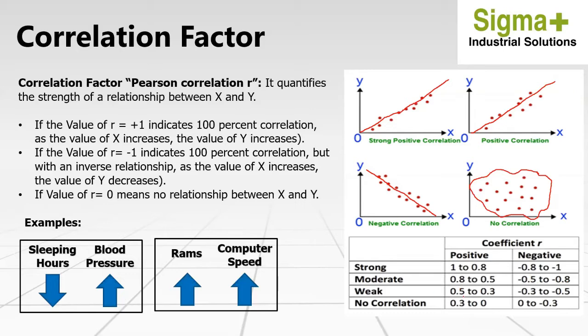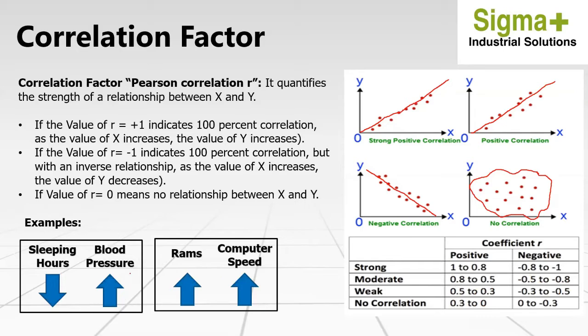The weak correlation will be between 0.3 to 0.5, or minus 0.3 to minus 0.5. And no correlation will be between 0 to 0.3, or 0 to minus 0.3. In a few seconds we will take a working example where we can understand how we can get those values.